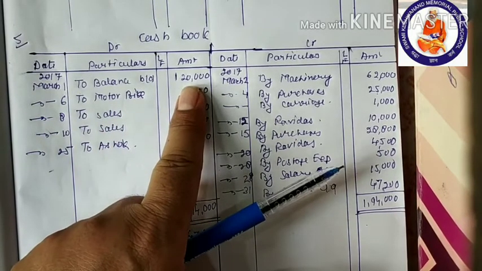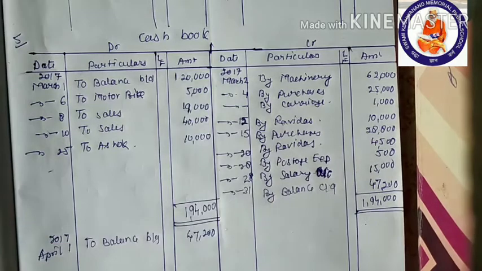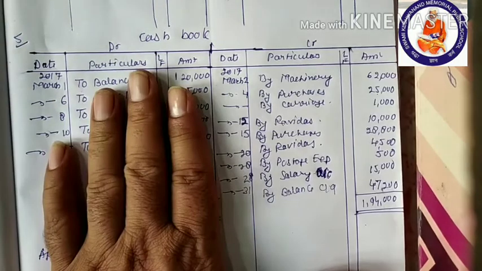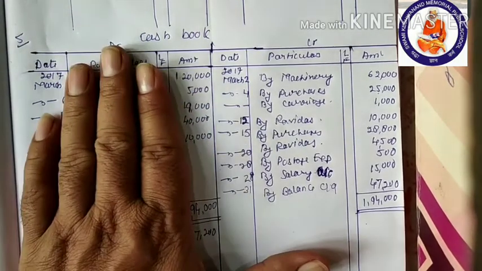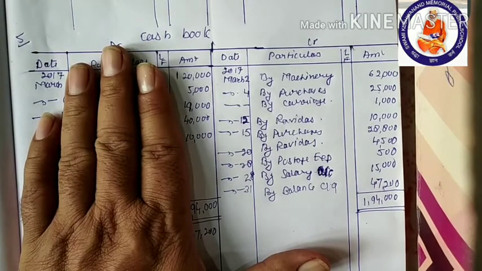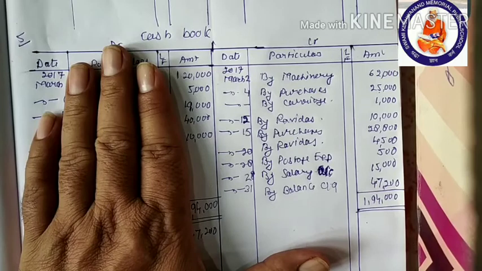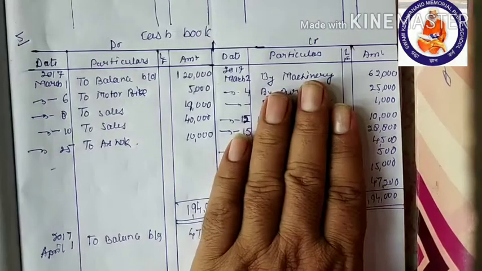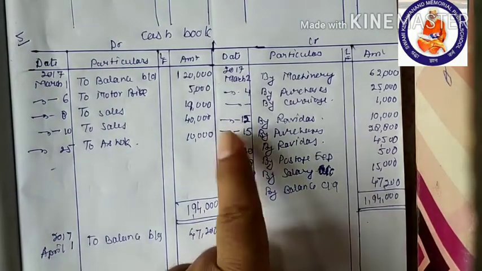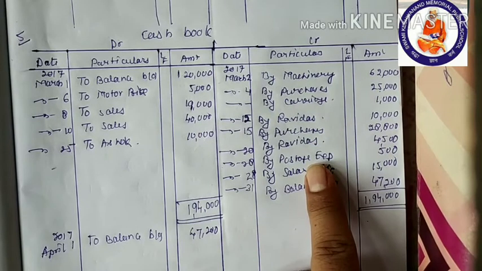As I told you, this is the debit side. We enter all the transactions in which cash comes into the business, and on this side we enter all the transactions in which cash goes out of the business.